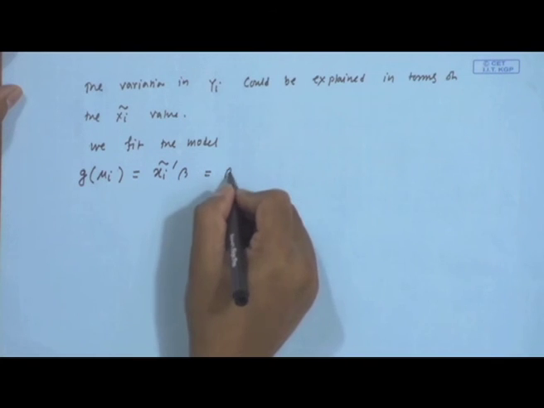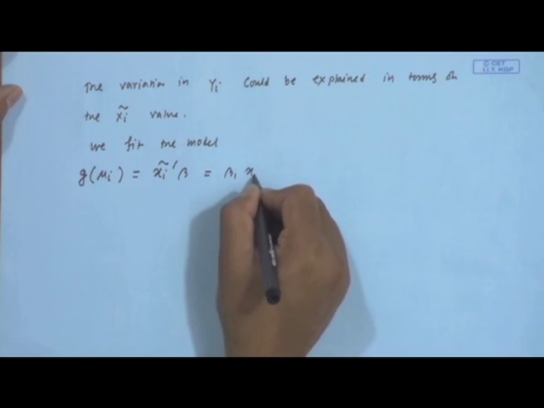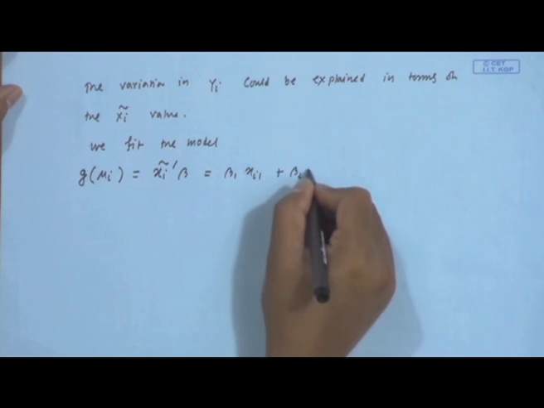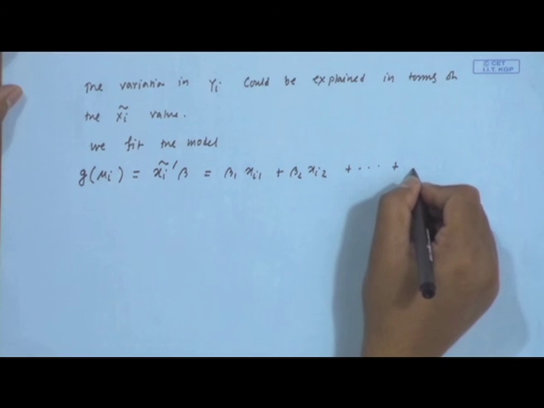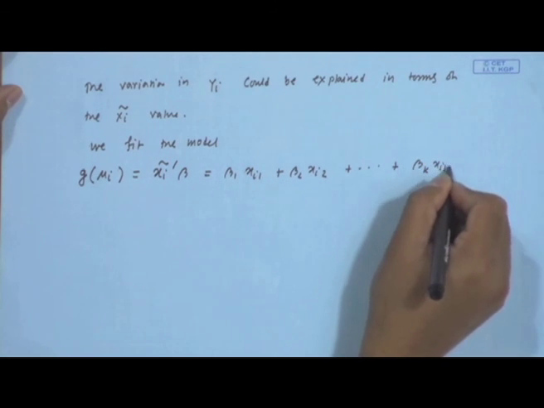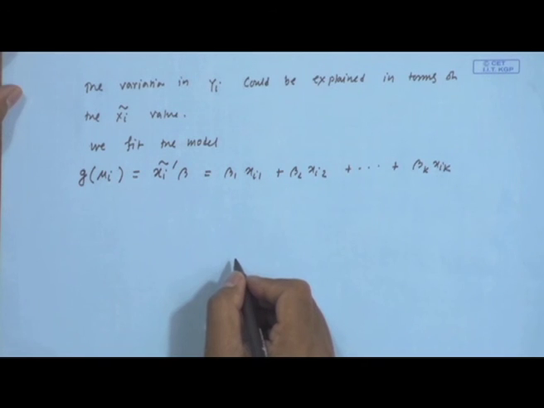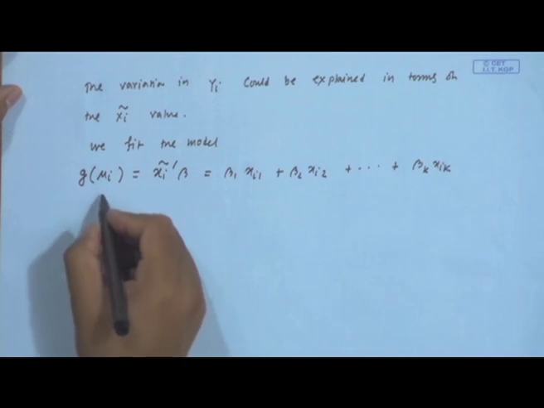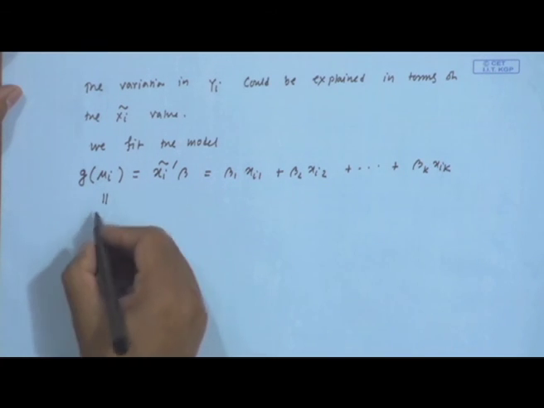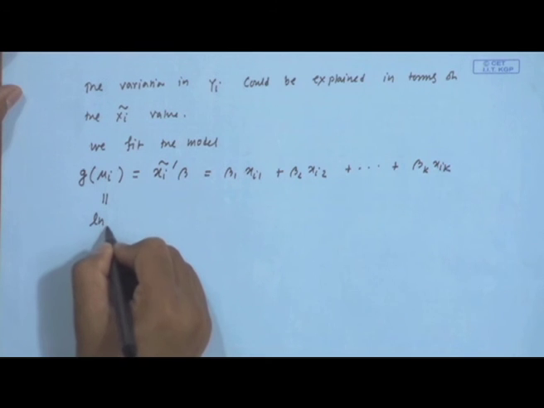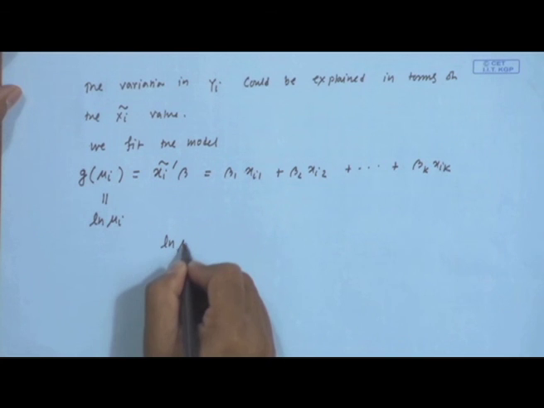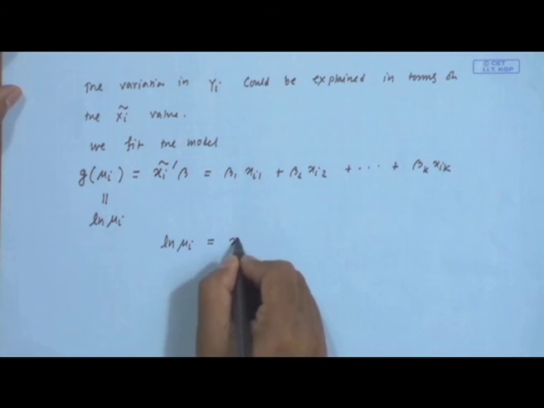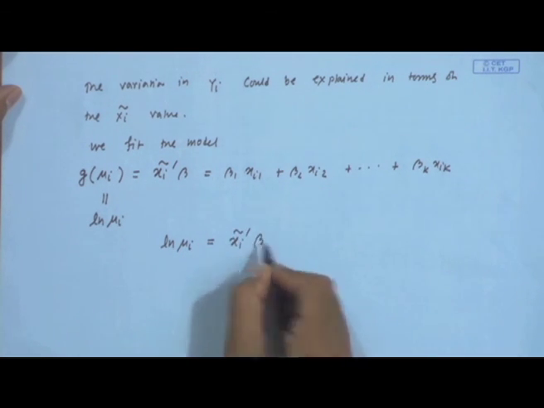Which is equal to beta 1 xi1 plus beta 2 xi2 plus, say, beta k xik, right. And this g(mu) is the link function, which is nothing but the natural parameter, that is ln mu i. So, the model we go for is that ln mu i is equal to xi prime beta.